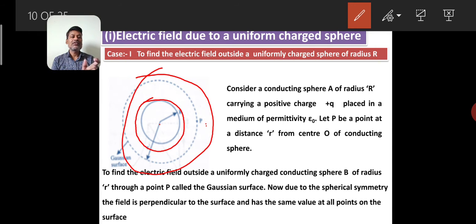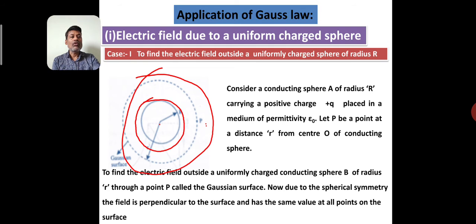Taking this distance, we draw the sphere, which is called the imaginary sphere, and this is also called the Gaussian surface at point P. Due to the spherical symmetry, the field is perpendicular to the surface and has the same value at all the points on that Gaussian surface.